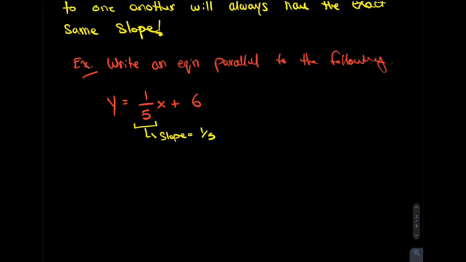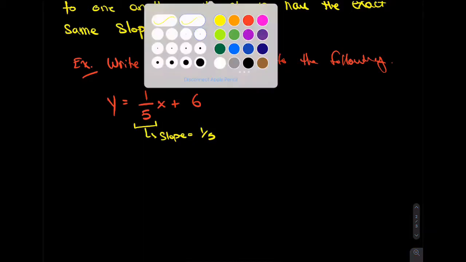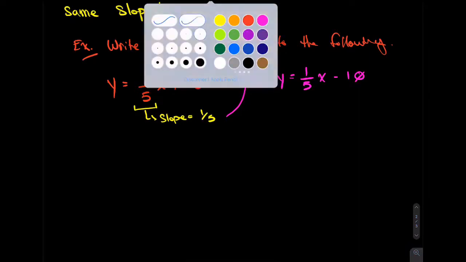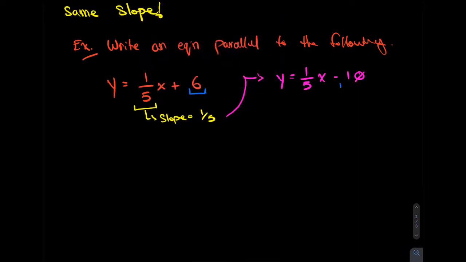So our new equation must have a slope of 1 over 5, and it does not matter what the y-intercept is. So let's do the new equation over here. y equals 1 over 5x, and we want a different equation, we don't want the same one, so let's just do minus 10. Slope equals 1 over 5, and the y-intercepts here can be different.